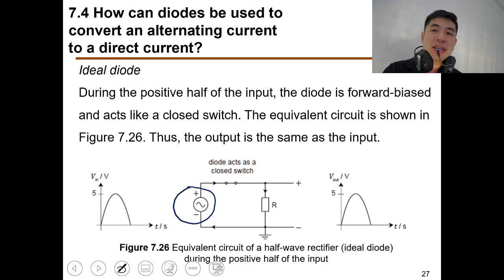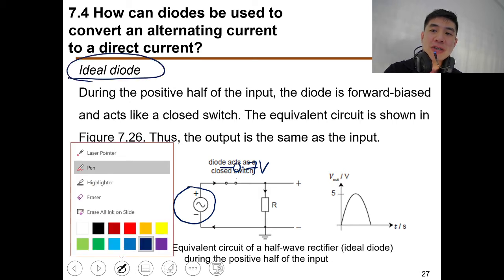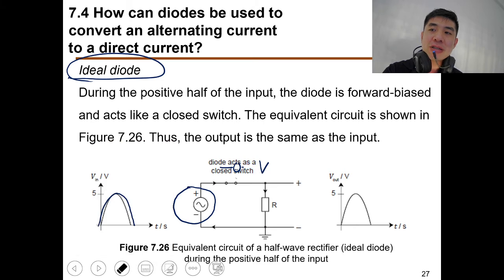In the positive half, you see, this thing is positive. Of course, minus 0.7 in the real one, but we use an ideal diode first, so there's no minus 0.7. So take note.